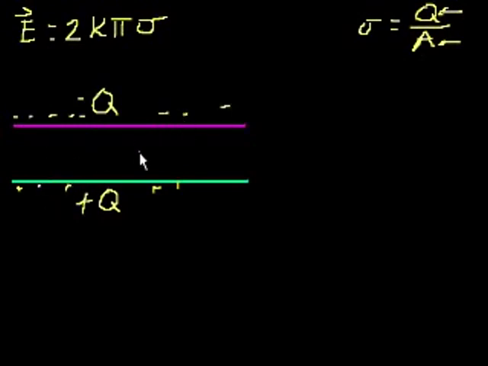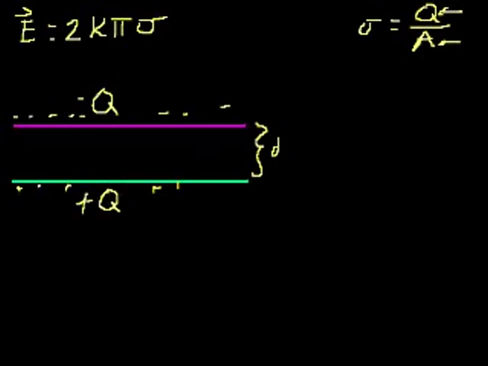So what's the electric field going to look like between these two? Well, it's essentially going to be the combination of the electric field generated by this plate on top of the electric field generated by this plate. And they're both going to be constant, close to the center, assuming that they're reasonably close, and let's say that they're D apart. Assuming that D isn't too big, near the center we're going to have a constant electric field.